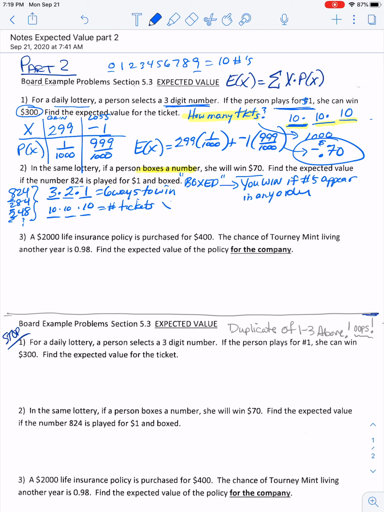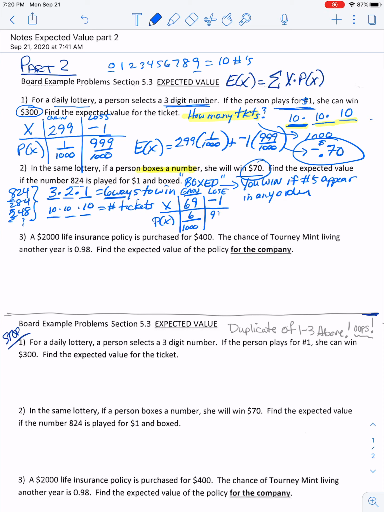All right, so when you do your probability distribution, kind of running out of room here, the winning is $70, so you gain 69 or you lose your dollar. I'm sorry, kind of cramming this in here. There's 6 winners out of 1,000 tickets, because there's 6 ways to win with the box.